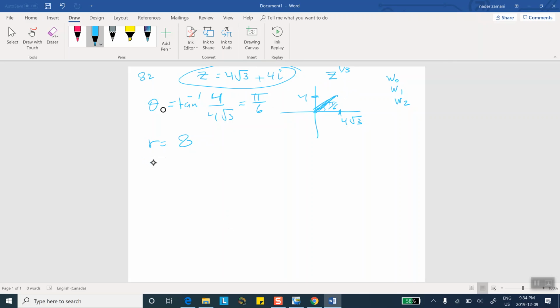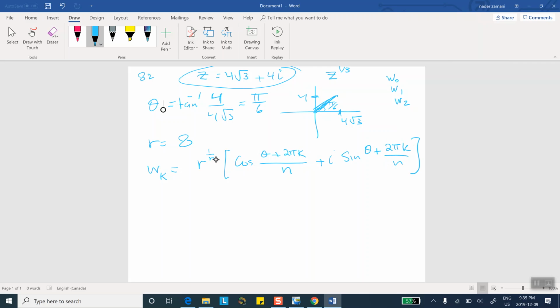Okay, so we have to write, the formulas are going to be like that. Wk equal to r to the 1 over n. Let me move it down here so that you don't make a mistake. 1 over n, not k, okay, times cosine of theta plus 2 pi k over n plus I sine of theta plus 2 pi k over n.